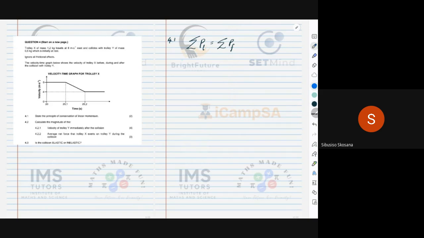So the sum of all momentum, or let me add linear momentum, in an isolated or closed system remains constant. Right? It remains constant. Okay, so let's start with 4.2.